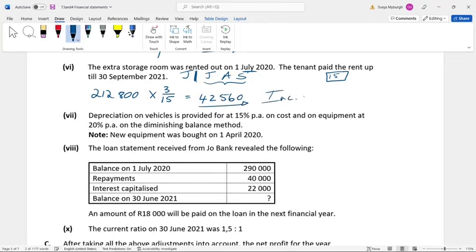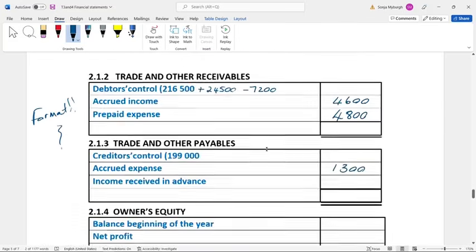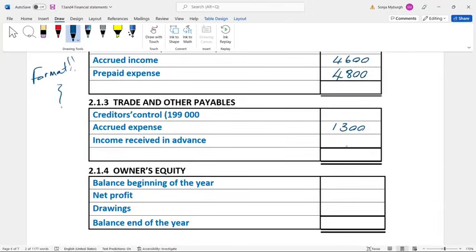Income received in advance. And that is a liability because they've already paid us the 42,000, but we still owe them the rent. Trade and other payables, income received in advance, 42,560.